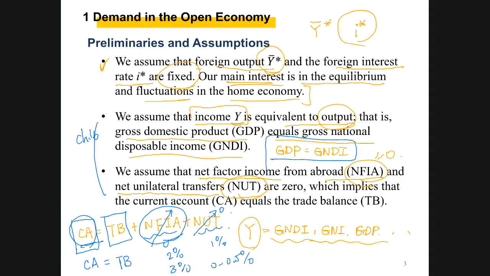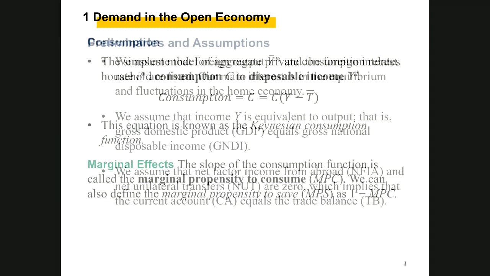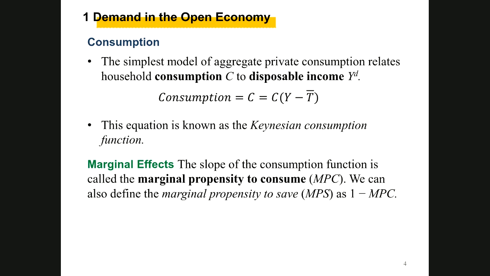Okay. So the first part of our goods market, we go back to consumption. Consumption, C, is represented as a function of disposable income.